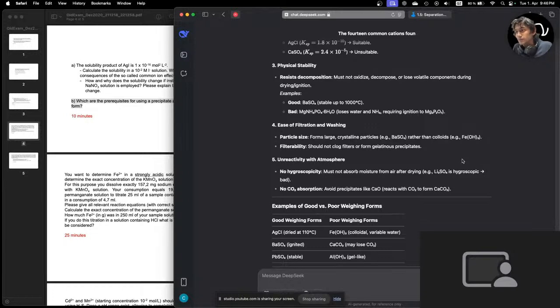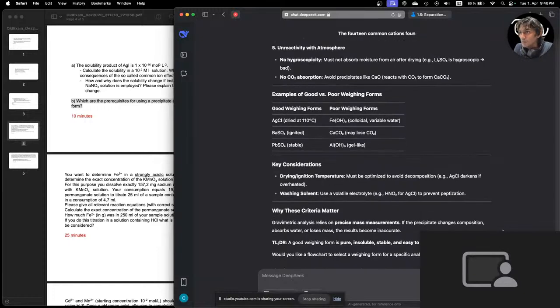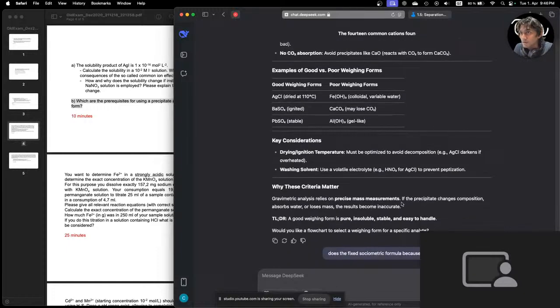Examples: barium sulfate and silver iodide. Why these criteria matter: if the precipitate changes composition, absorbs water, or loses mass, the results become inaccurate. A good weighing form is pure, insoluble, stable, and easy to handle.